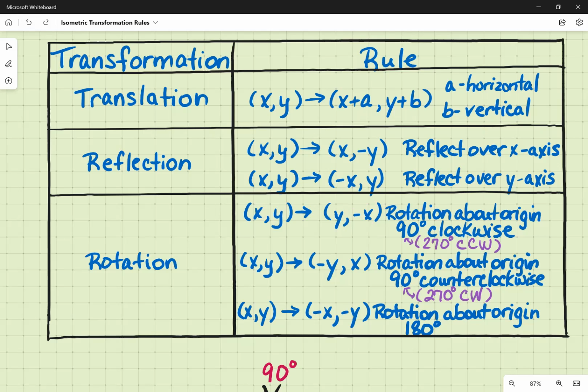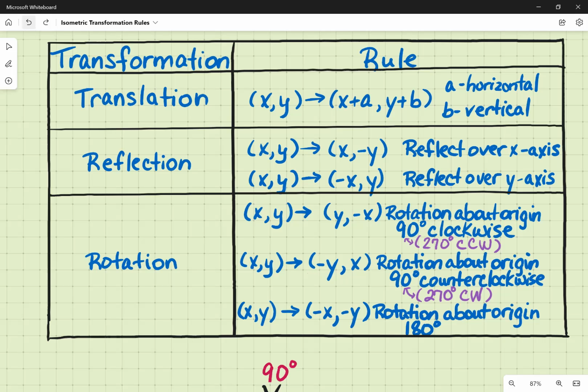If I am rotating about the origin 90 degrees counterclockwise, or 270 degrees clockwise, I am still going to rotate my X and my Y. However, I am going to multiply my Y value times -1.